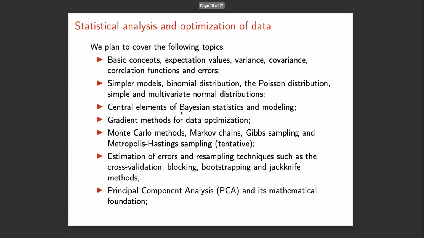So I'm going to skip some of the slides here, but basically we will cover some basic concepts, and we will remind you of some simpler things, some central aspects on Bayes' theorem. So Bayes' theorem is a very simple theorem to develop, and it plays the same role in statistics as Pythagoras in geometry.